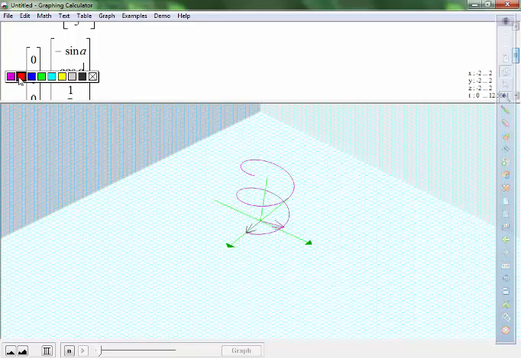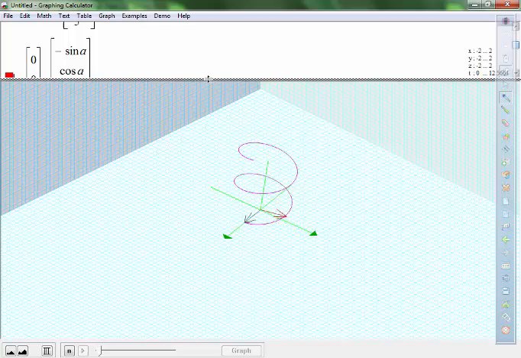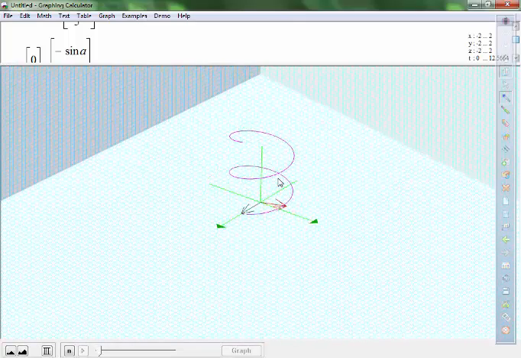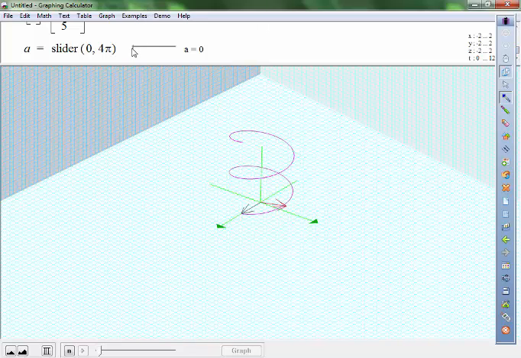The red was better. So let's get the slider out again and slide it around. All right, that red vector isn't really doing much for us, is it?